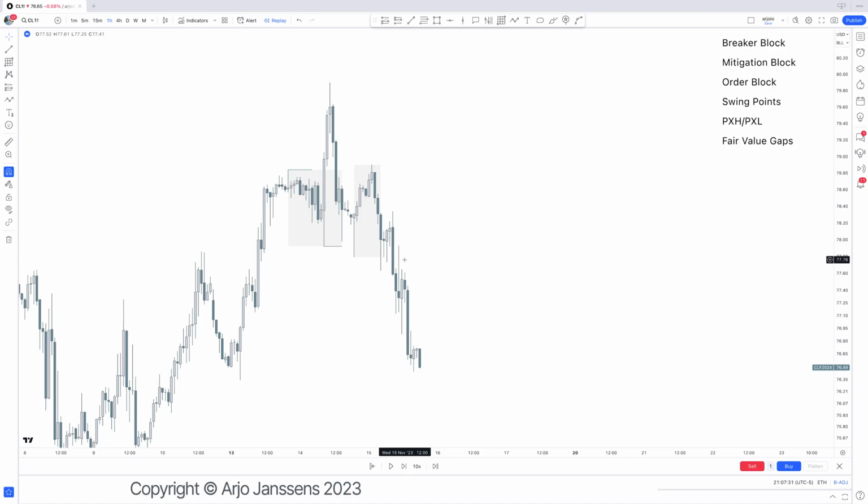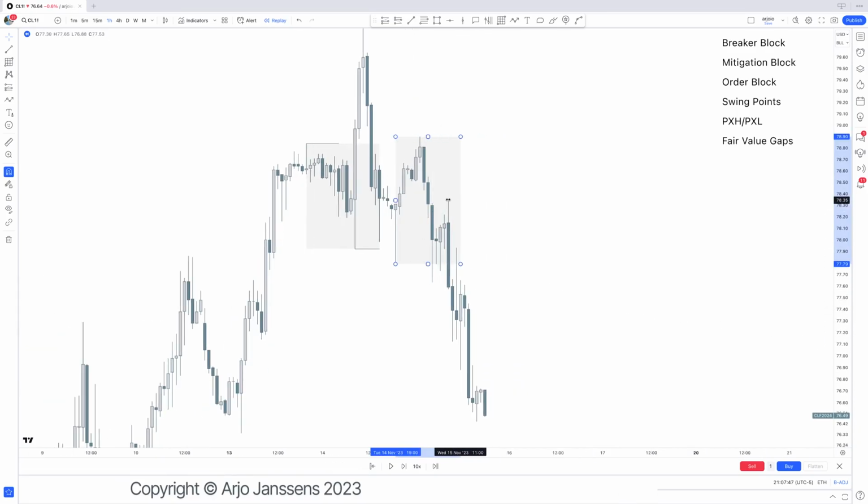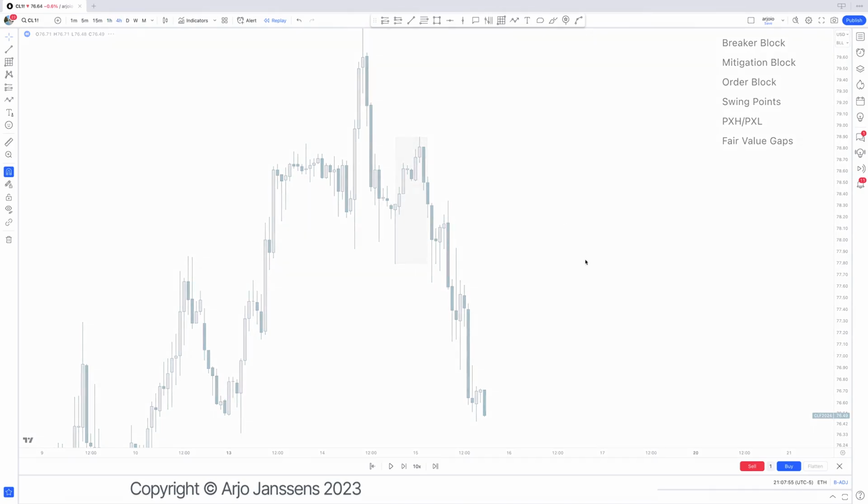And I just mentioned to you that these consecutive up candles, down candles, etc. make a difference between an order block, a breaker block, a mitigation block, sorry. Yes, that is true. But if I were to zoom out on one singular time frame on this mitigation block in that gray area right there, so we remove the order block, breaker block to make it visually more clear, if I were to zoom out right there, then what happens?